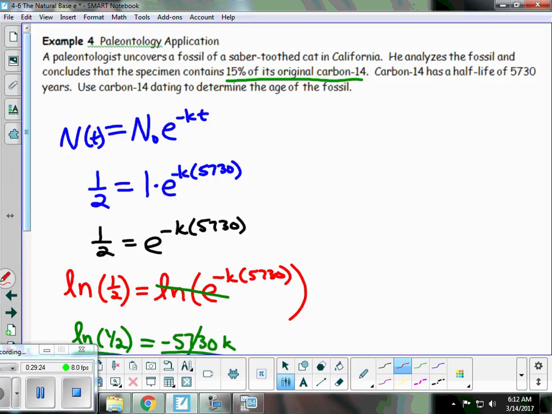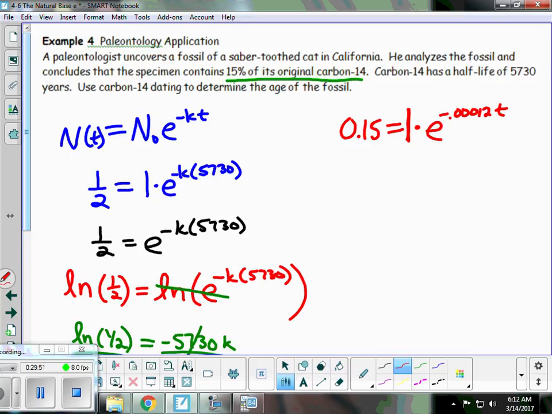We want to end with 15%. So if we start with 1, and then we have E to the negative 0.00012 times T, we're trying to solve for T. If we start off with 1 piece of carbon-14, then we're going to end up with 15% of that, so that'd be 0.15. That's going to be our final amount.